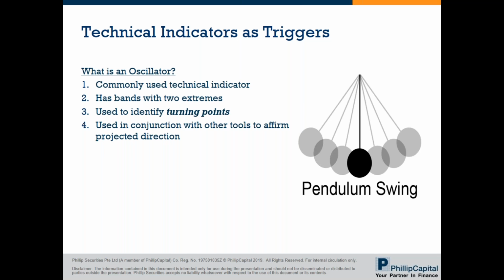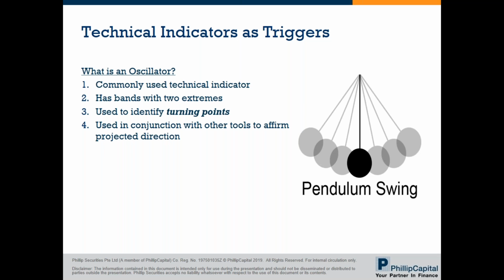The characteristics are that it has 2 bands of extremes, where prices tend to move toward and away from the 2 bands of extremes. It is used to identify turning points. So later I'll share with you why it is so crucial for us to be able to identify turning points. And again, I emphasize it is used in conjunction with the other tools to affirm our projected direction.